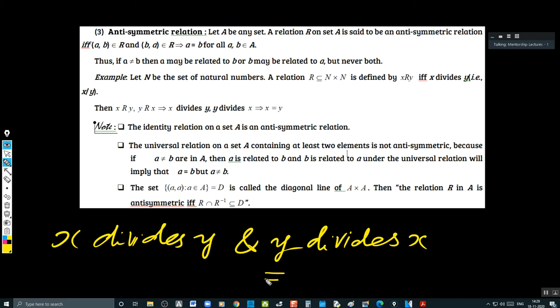Only when both are equal. This is nothing but the anti-symmetric relation. Don't forget I wrote "and" in between. And please, "and" is possible only when x is equal to y. This is nothing but anti-symmetric relation. Clear? I'm moving to the next one then.